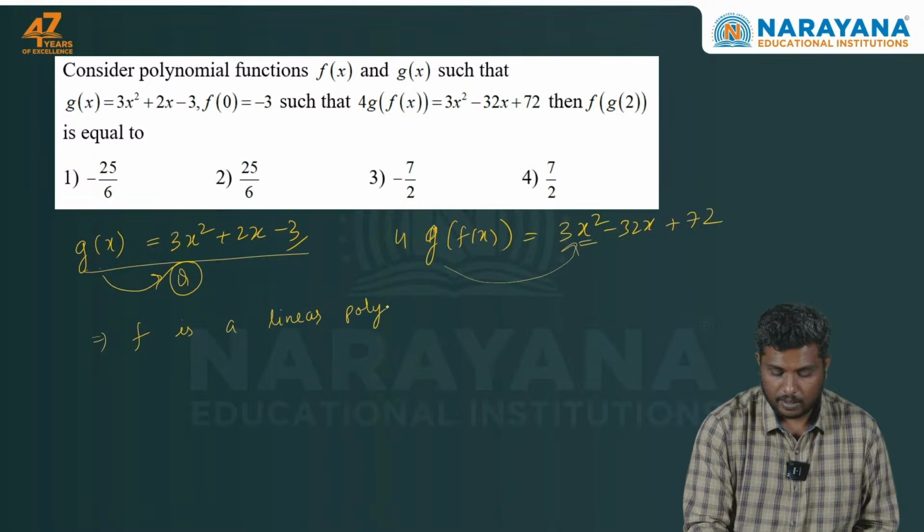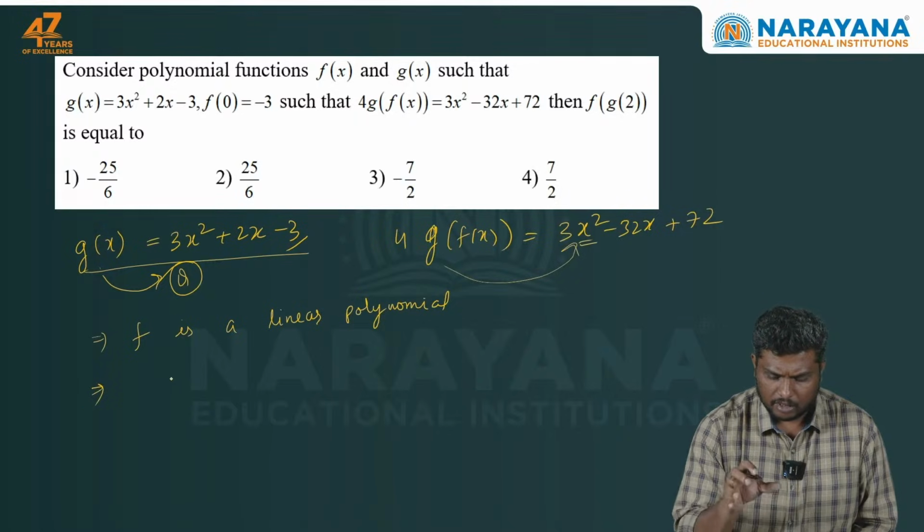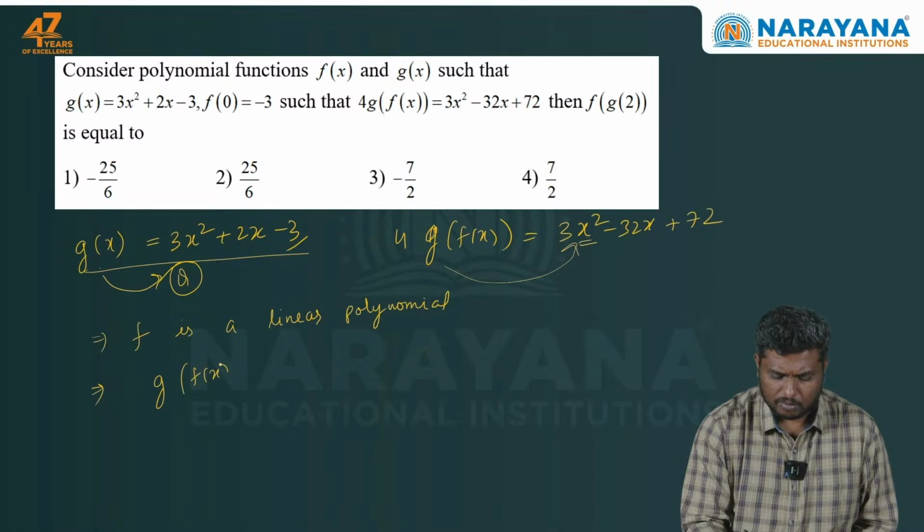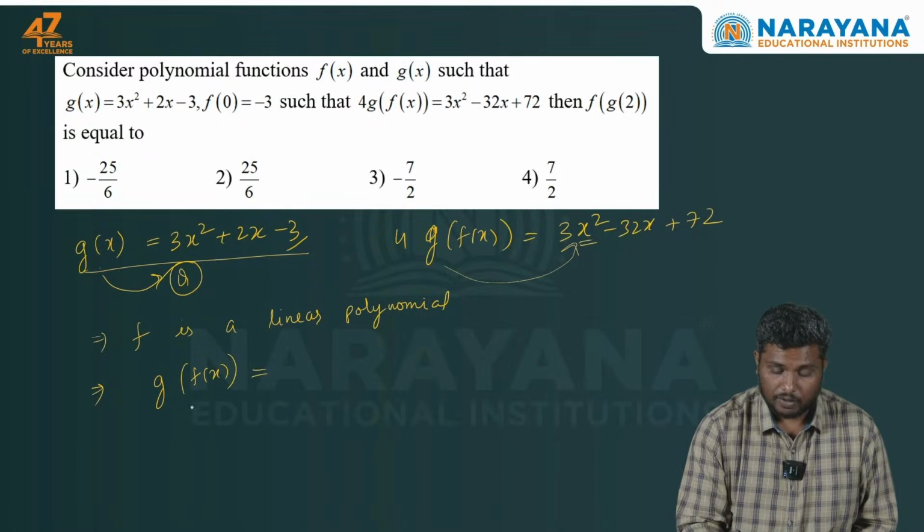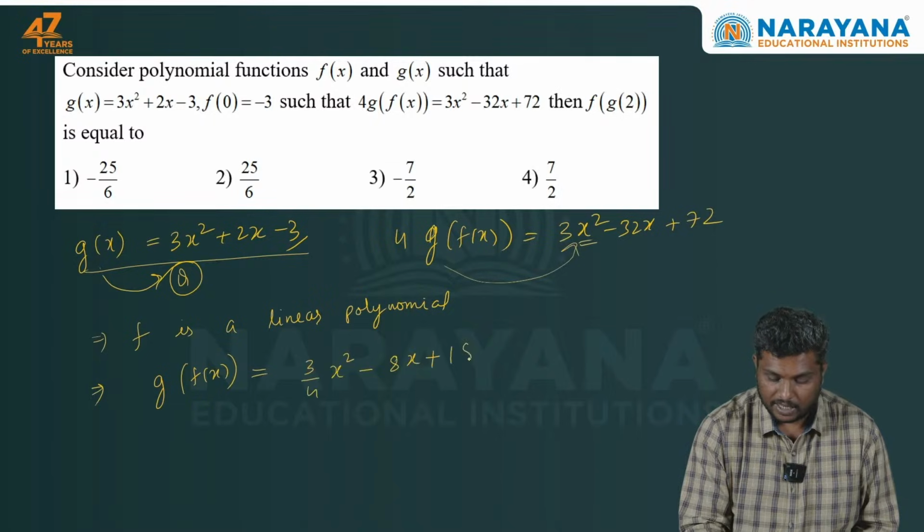It's a linear polynomial. And by very basic observation, g of f of x is 3 by 4 of x square minus 8x plus 18.